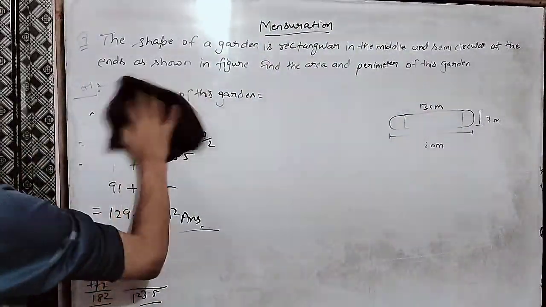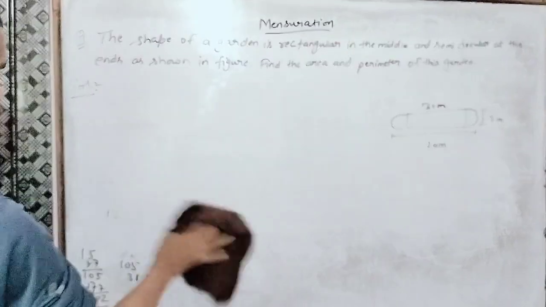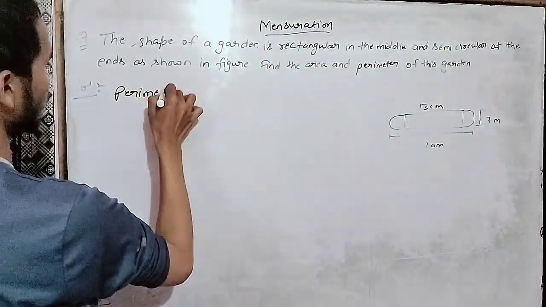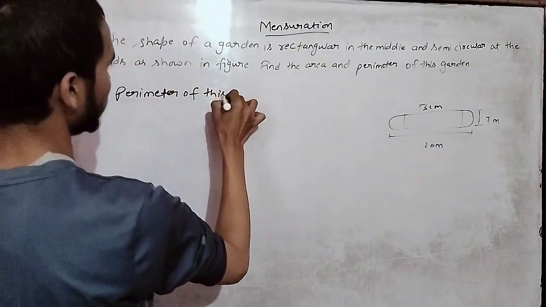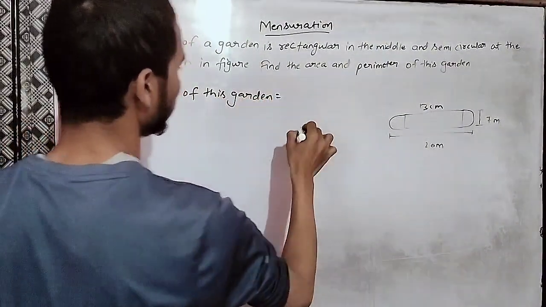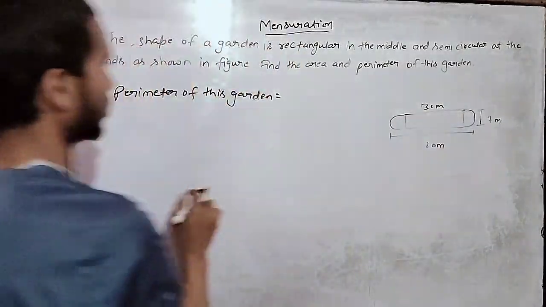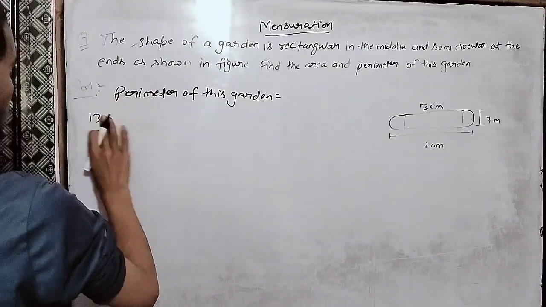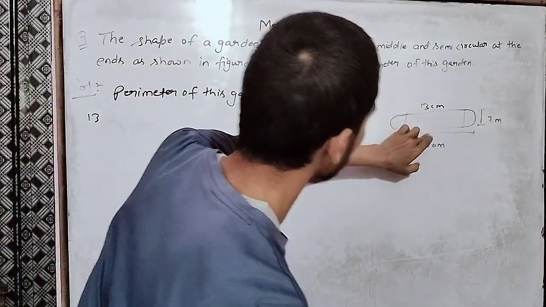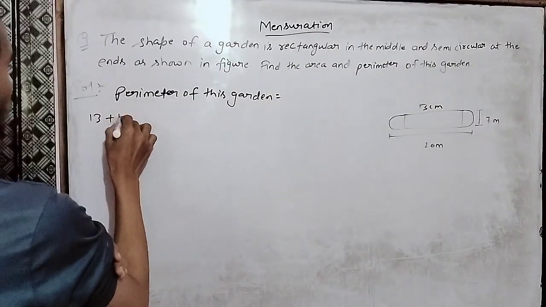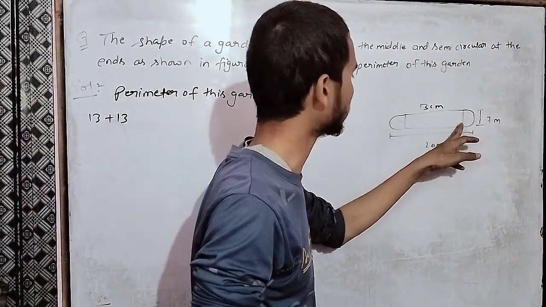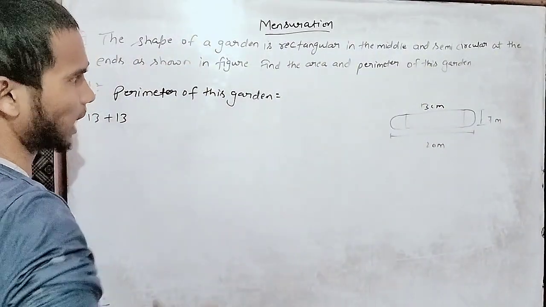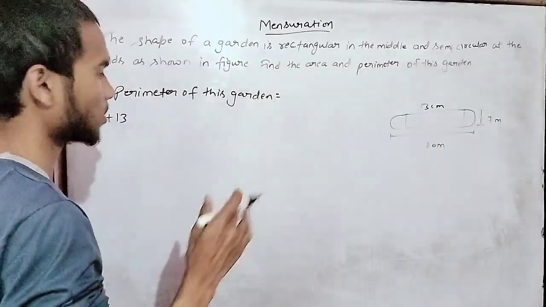I will do it again for you. Okay. Here, third one. The perimeter of this garden is what? First of all, we have this 13 centimeter, this 13 and this 13. And now we have 7, which will be added with a semicircle.